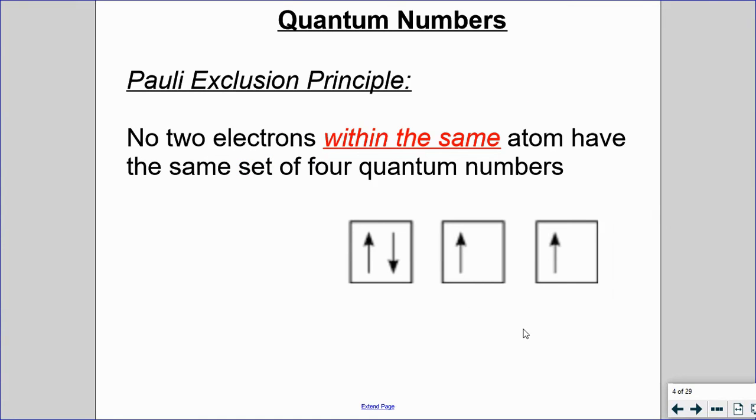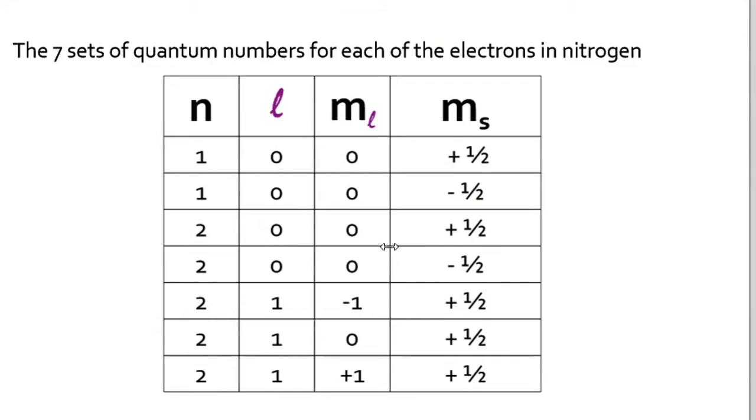Because of the Pauli exclusion principle, when the second electron is added to any orbital, that second electron must have the opposite spin. This is why you see a plus half and a negative half occurring in the first 2 electrons placed in nitrogen. The first electron placed in nitrogen will have a positive spin, and the second electron put into nitrogen will have a negative spin.